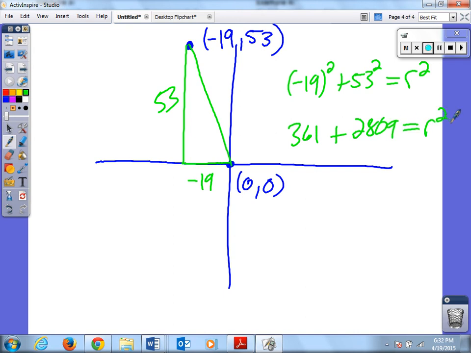Add those together, take the square root, and you should get about 56.3 for the radius. But I guess actually we're asked for the diameter, not the radius. But the diameter is twice the radius, so we just multiply that by 2, and we get approximately 112.6.